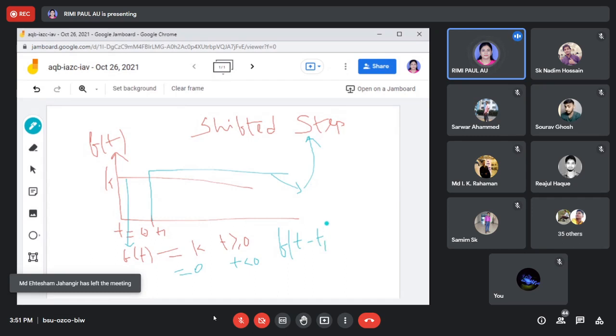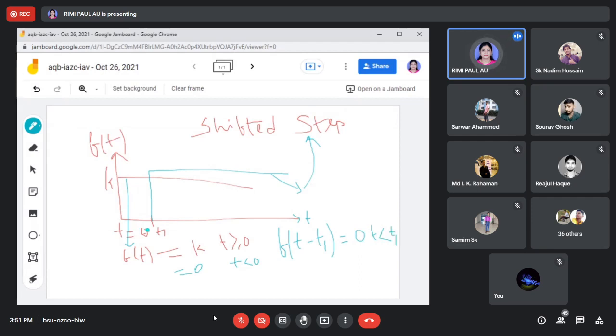This is now the function. Why f(t)? Because the function was a signal of t. Now this t is now t minus t1. So I can write it in this way: f(t minus t1) is equal to 0 when t is less than t1.